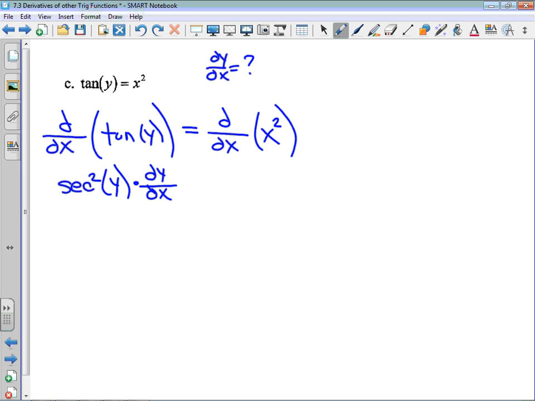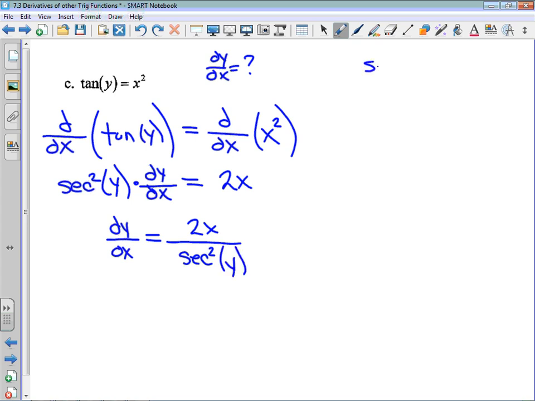Now, we likely want to know what dy over dx is equal to, so I'm going to divide by secant squared. I get that dy over dx is equal to 2x divided by the secant of y squared. And then really importantly, secant x is equal to 1 over cos x. So logically, 1 over secant x is equal to cos x.